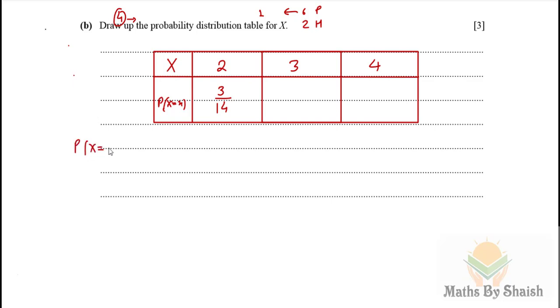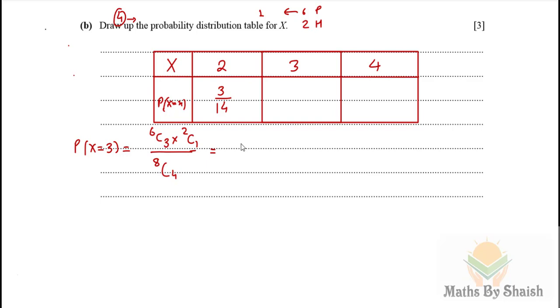Now for the probability of X equals 3, it means we have to choose 4 books out of 8, and out of 6 we require 3, and out of 2 we require 1.